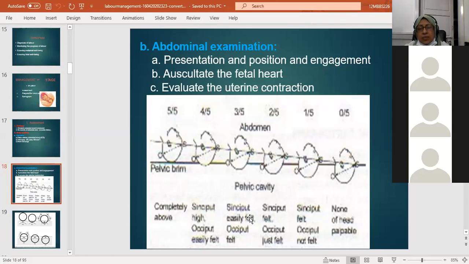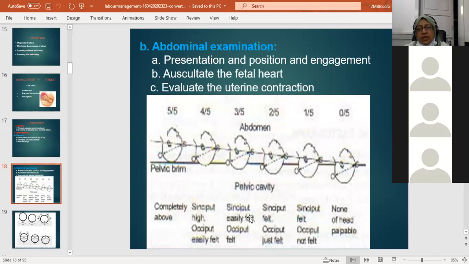Then the lateral palpation. In the lateral grip we assess the lie of the fetus, whether it is lying longitudinally, obliquely, or transversely, and on which side the fetal back is lying, on which side the fetal small parts are lying, and no doubt the amount of liquor amnii, fetal movement, and uterine contraction.